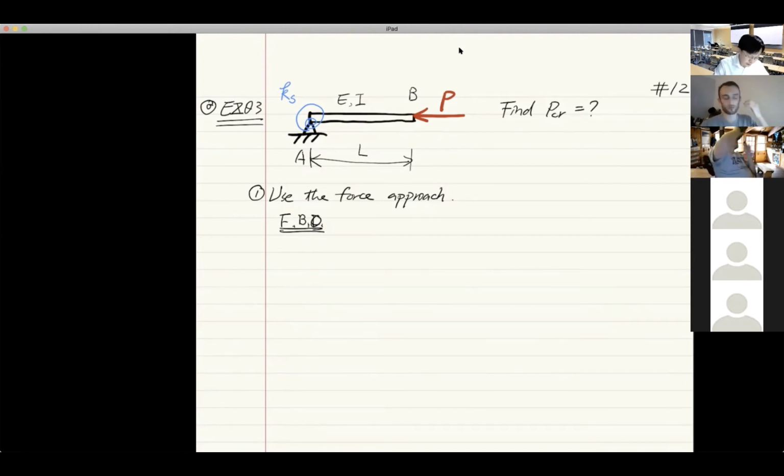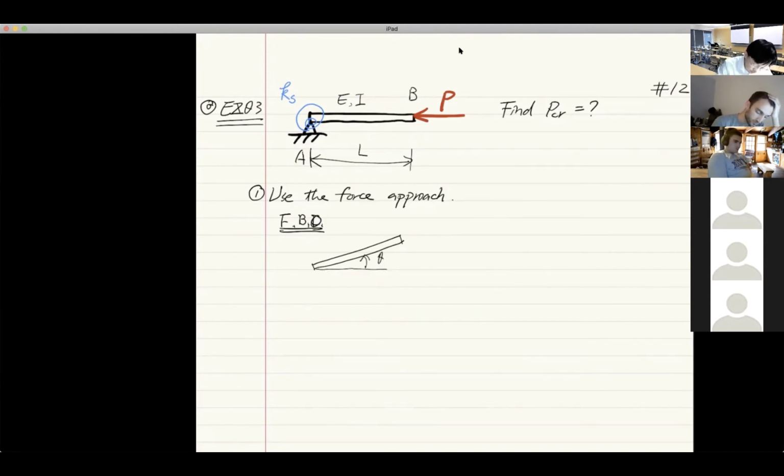So we will take a free body diagram by considering the following deformation scenario. Suppose the column deflects like this from the neutral axis, which means that from here to here, this angle is theta.